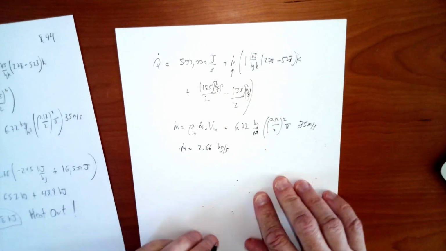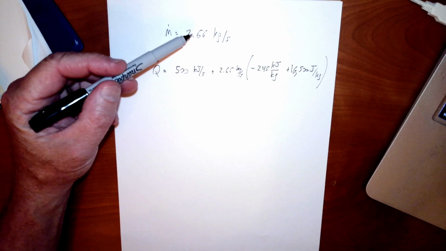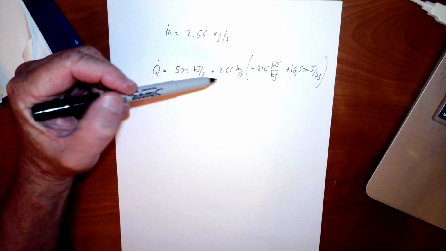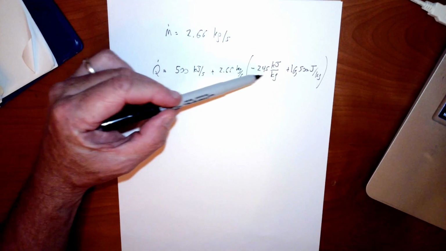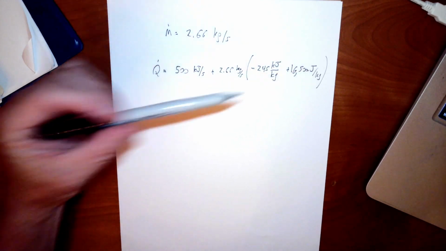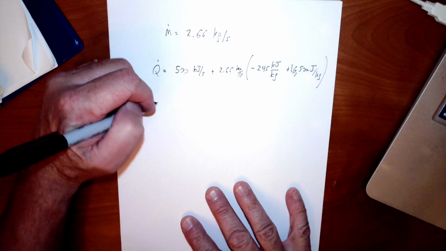kilograms per second. So I plug 2.66 kilograms per second into this equation to get 500 kilojoules per second plus 2.66 kilograms per second times negative 245 kilojoules per kilogram plus 16,500 joules per kilogram. Of course, I'm going to multiply the 2.66 kilograms per second through.